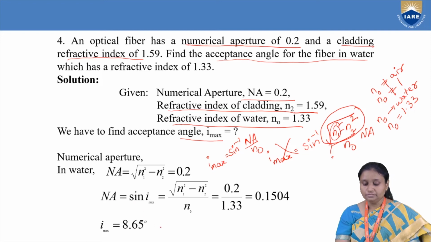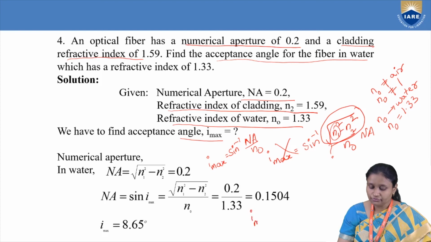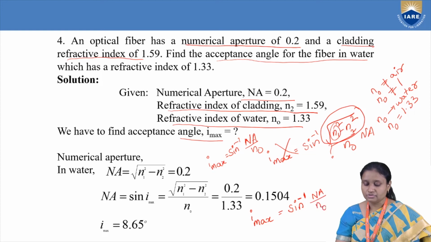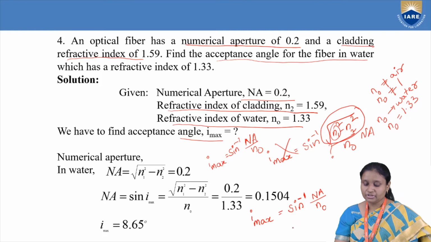So what is the formula we are using in order to find the acceptance angle? Acceptance angle is equal to sine inverse of numerical aperture divided by the refractive index of water. Here the numerical aperture value is already given.